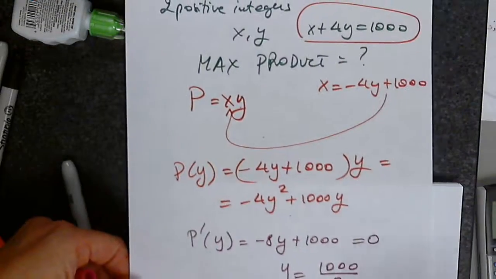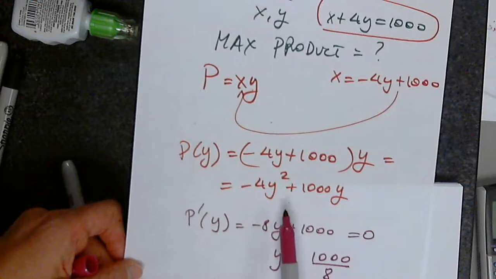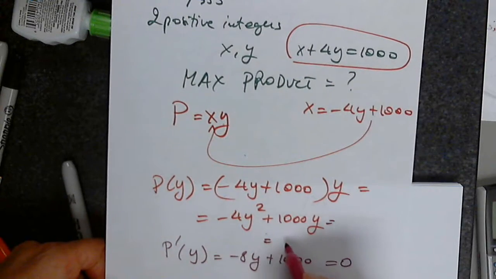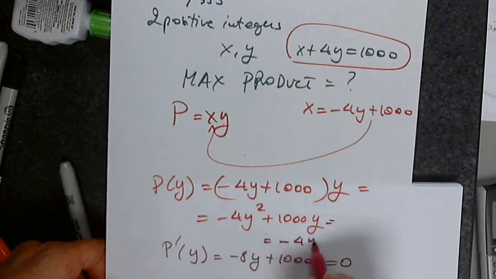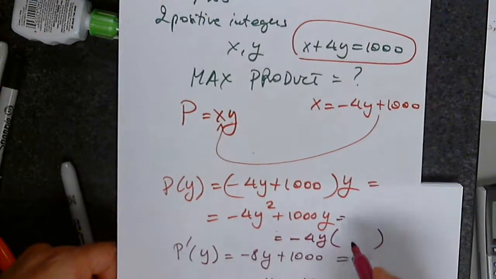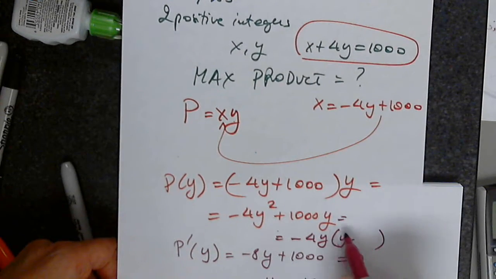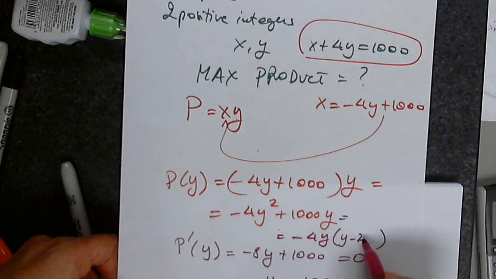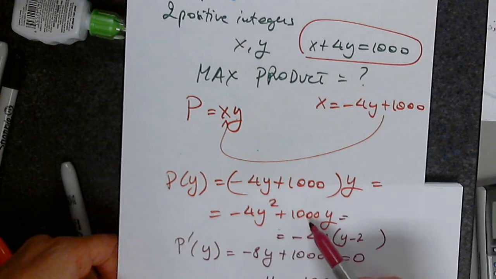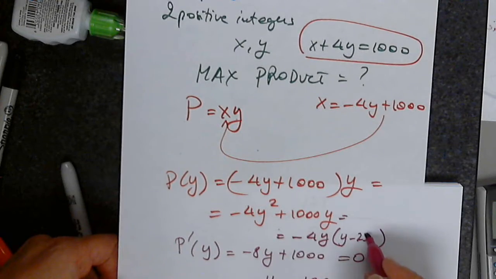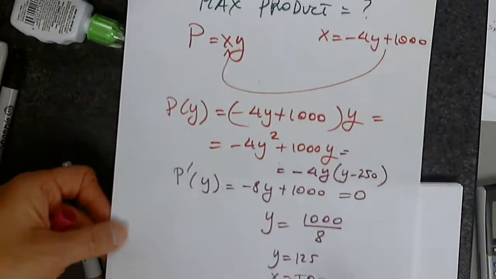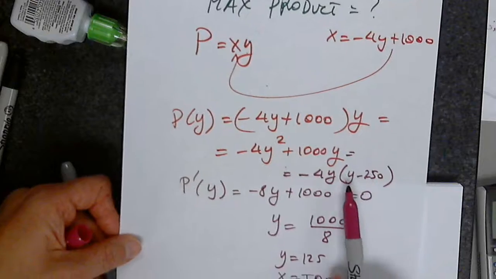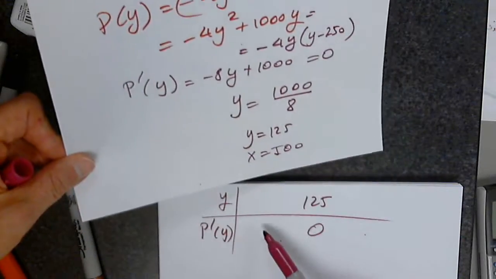But in this, if I factor out negative 4y, I have y minus 250, right? Okay. So when I plug in 0, I don't want to plug in 0.